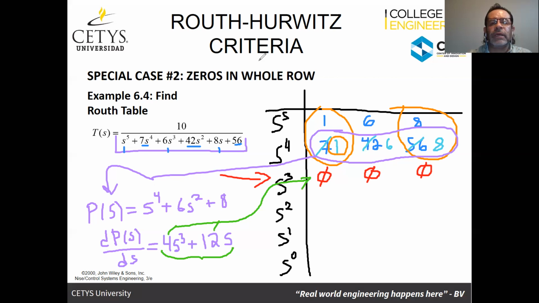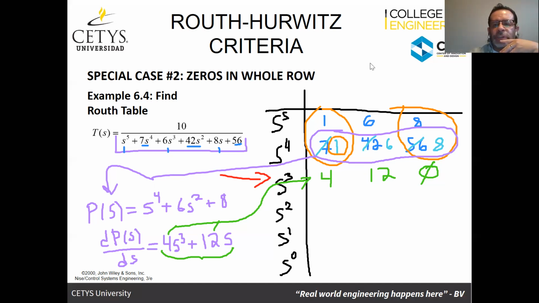So instead of having the 0 here, we're going to substitute it for the 4. And we're going to have a 12 here. And the 0 over here, we're still going to have it because there's no other factors there, but it doesn't matter anymore because now we can continue the tabulation with these new values. Okay.